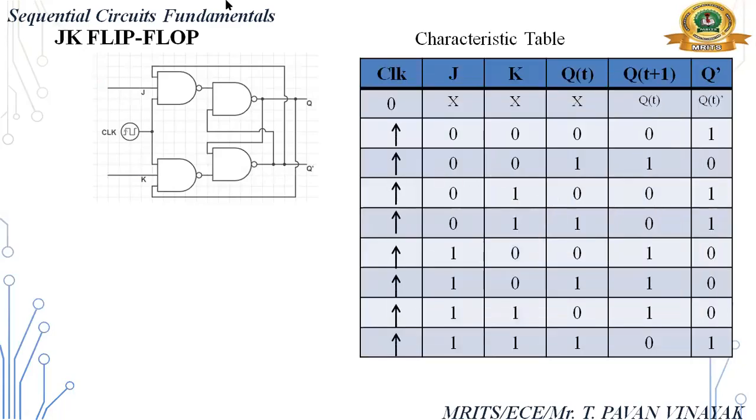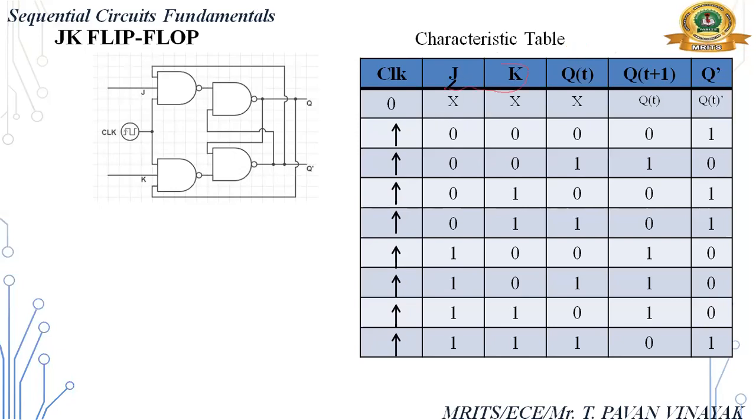Now instead of taking previous state, I am considering this as present state and here next state. Present state and next state. So see, what is the characteristic table?